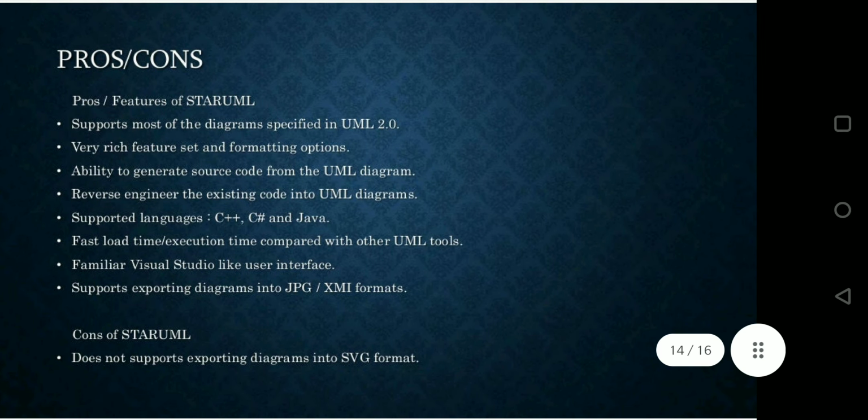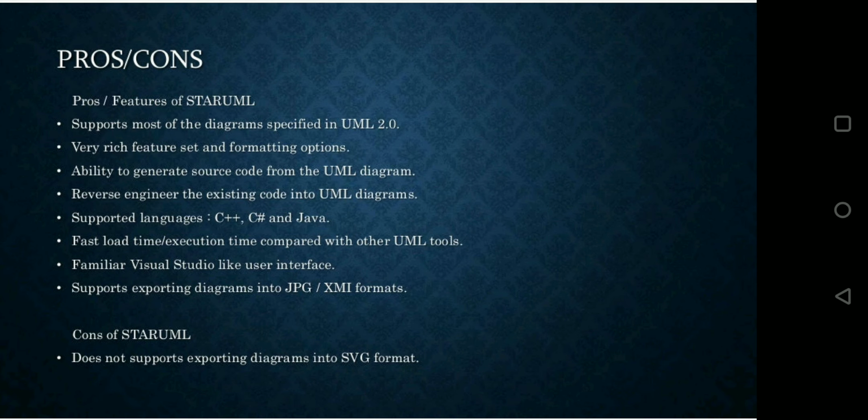Let us look at some pros and cons of Star UML. Features of Star UML: it supports most of the diagrams specified in UML 2.0, a very rich feature set and formatting options, ability to generate source code from UML diagrams, reverse engineering of existing code into UML diagrams, support for languages like C++, C Sharp, and Java, fast load and execution time compared with other UML tools, a familiar Visual Studio like user interface, and support for exporting diagrams into JPG, XML, XMI format.